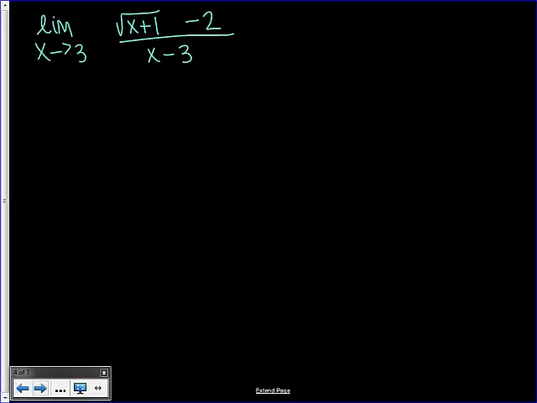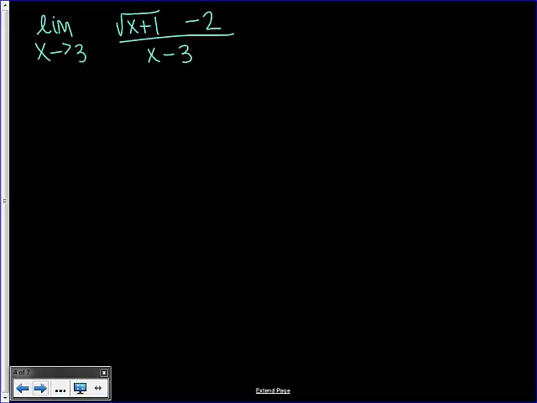This time we are going to try the limit as x approaches 3 of the square root of x plus 1 minus 2 over x minus 3. Plug in direct substitution, I still get 0 over 0.